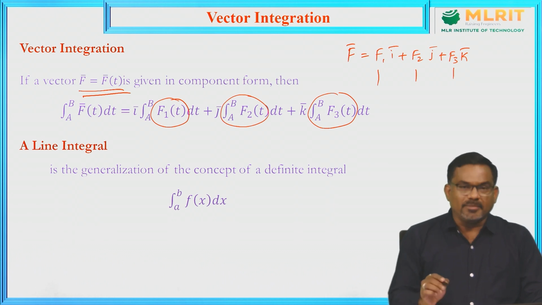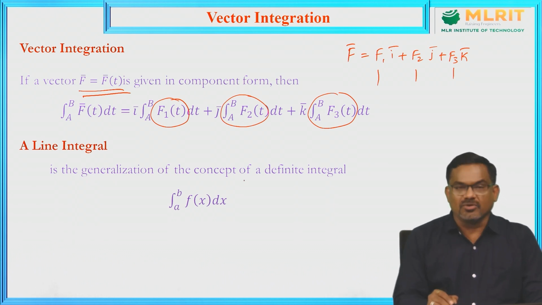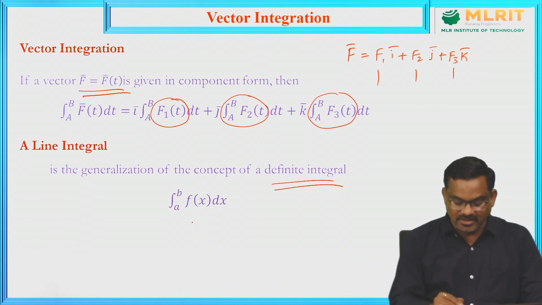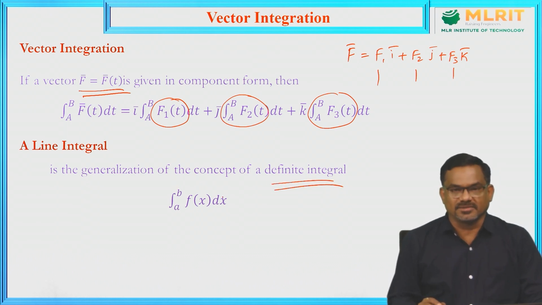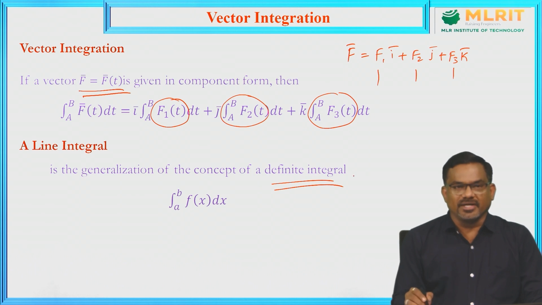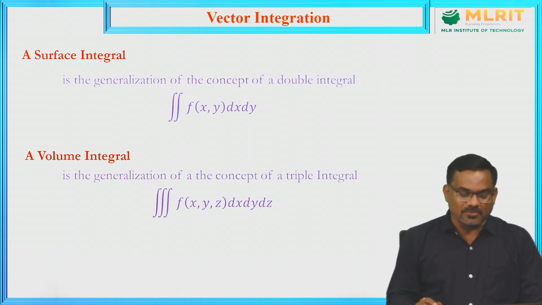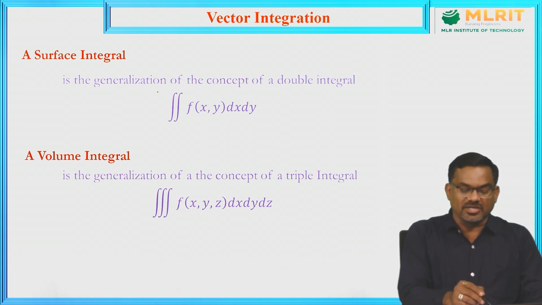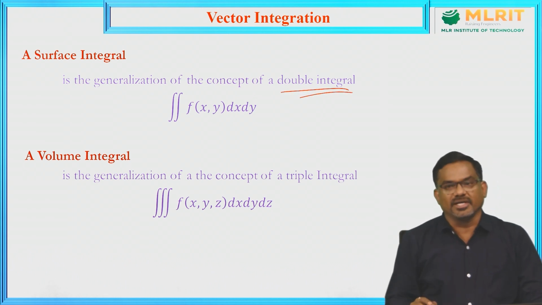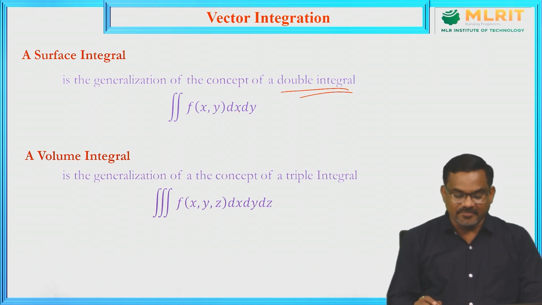Now, coming to a line integral. A line integral is the generalization of the concept of the definite integral, integral a to b of f of x dx. Similarly, we can define the surface and volume integrals also. The surface integral is the generalization of the concept of the double integral, double integral of f of x, y dx dy.